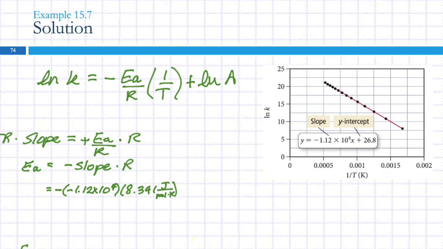So if we take 1.12 E4 times 8.314, it's 314, right? Not 341? Yeah. I get 93114.8. Anybody else get that?